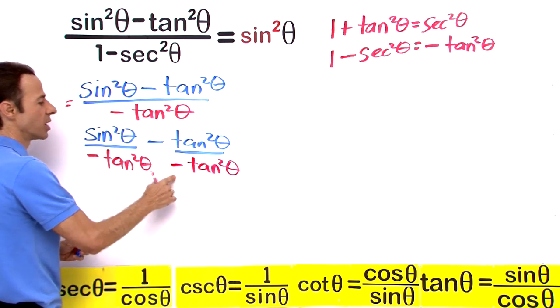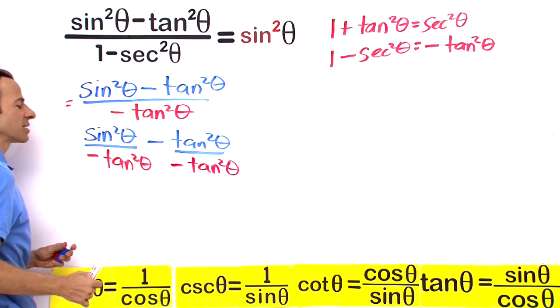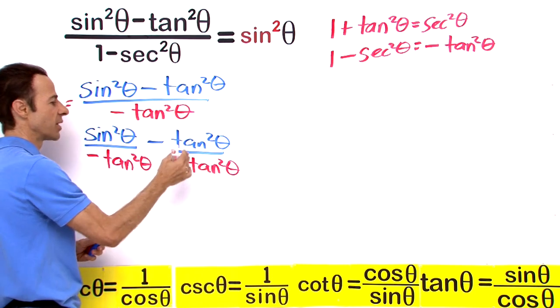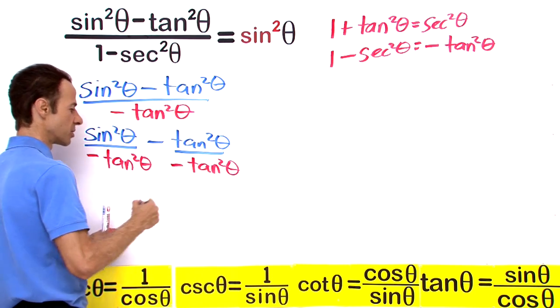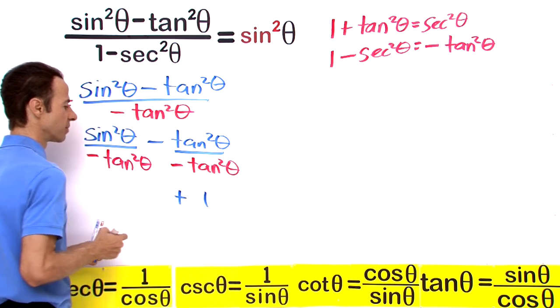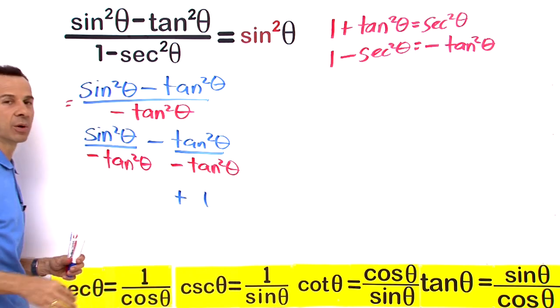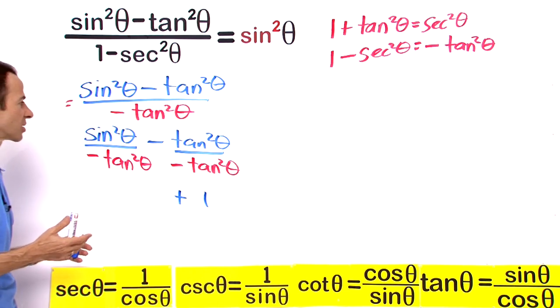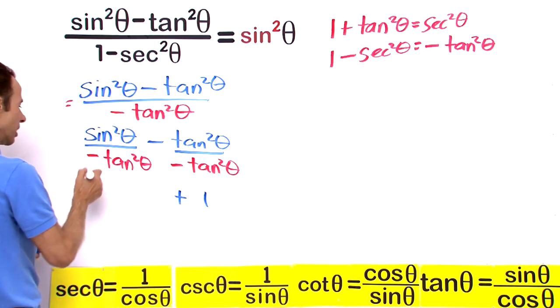As you can see, we've got two minuses. That's going to turn into a plus. So tan squared divided by tan squared, both negative, that's going to turn into a plus 1 here, isn't it? So now how do we do this part over here? Well, we're going to break it up into sines and cosines and work that out. So let's do that.